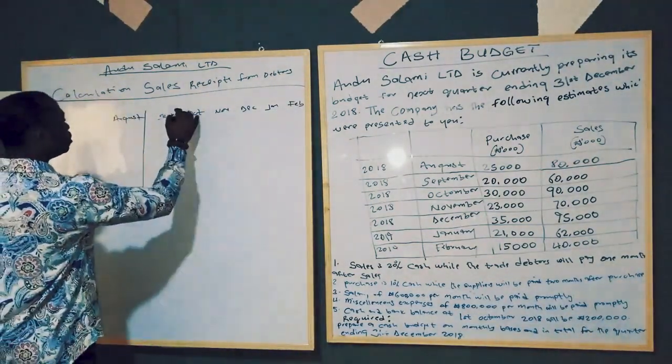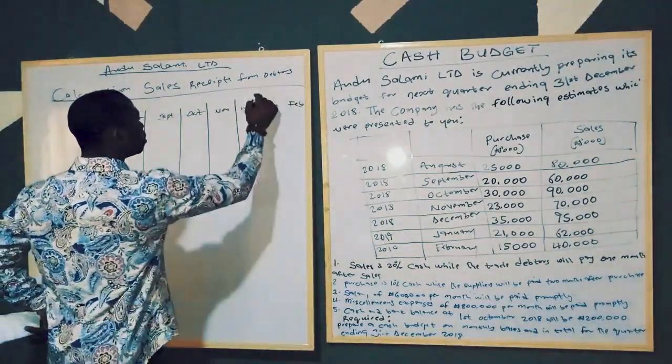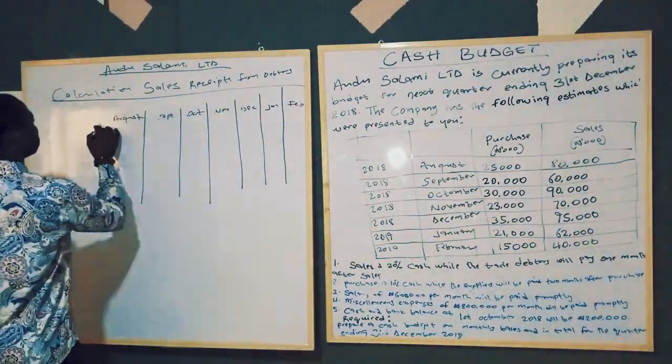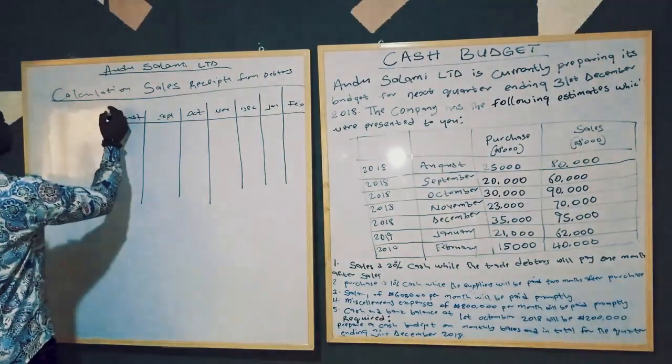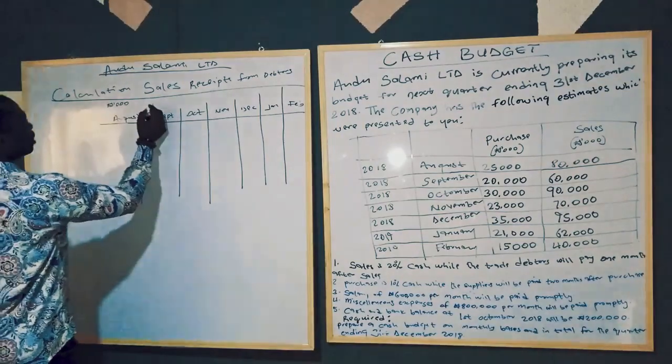Then you can rule it. Do not forget that they are in thousands.